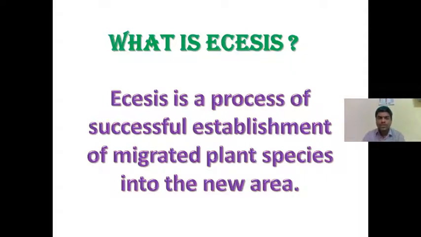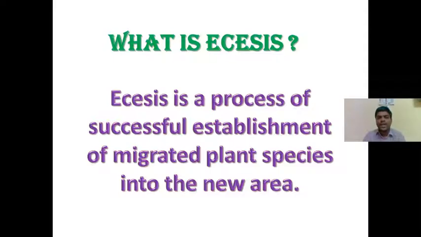Here also, migration of plant species may have several reasons. Sometimes because of biotic factors, migration may take place. For example, seeds of a few plants can be carried by wind and may be put in a totally new area.